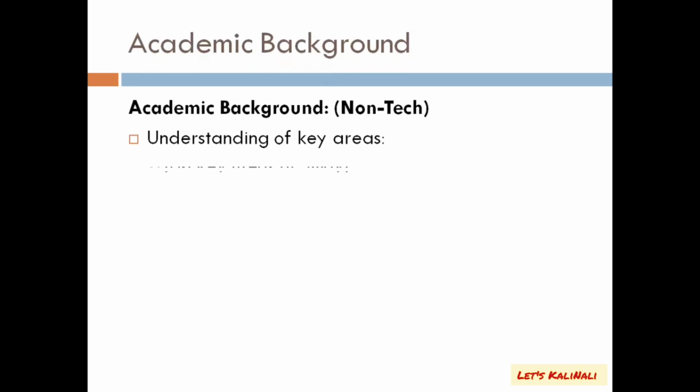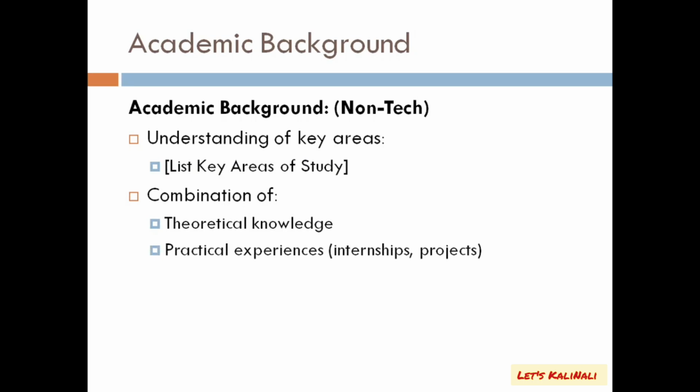And then for non-technical students, they need to mention their understanding of key areas. Here the key areas are none other than the degree they are doing, whether they are doing BSc, BA, or BBA. According to their education, they need to mention it. For example, a BSc student needs to mention that they are interested in science.